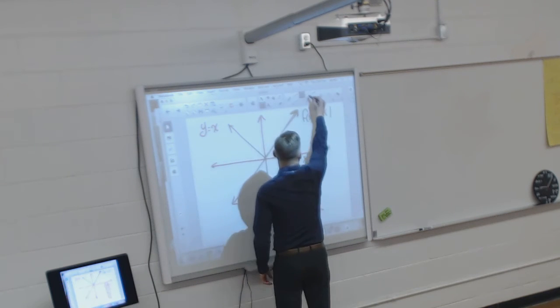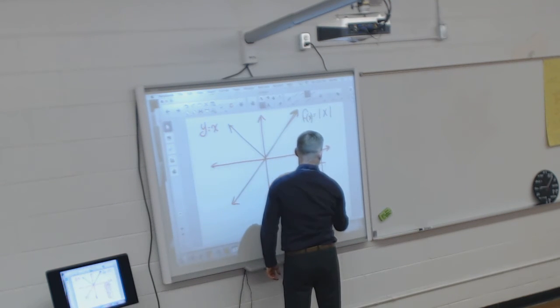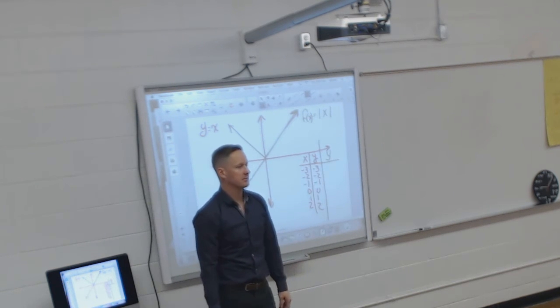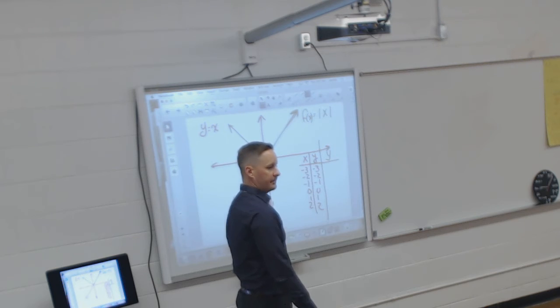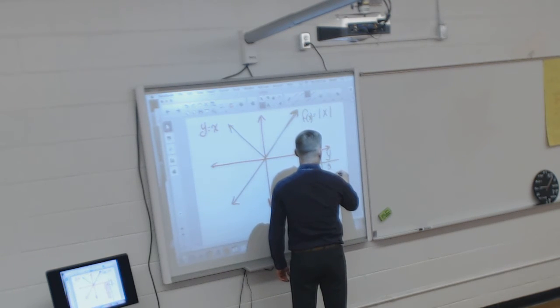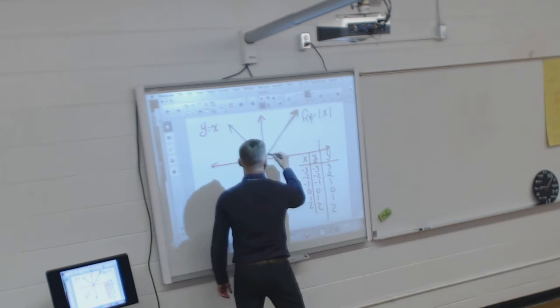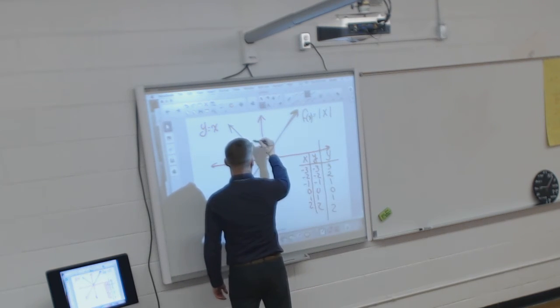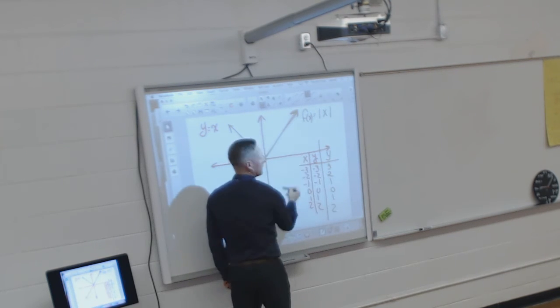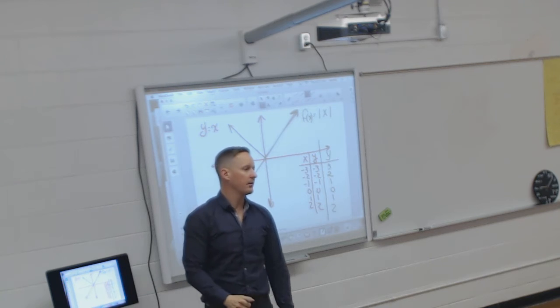So now, for this graph then, my x values stay the same, but what happens to my y values? They're all positive, right? So now it's negative 3 and 3. Negative 2 and 2. 1, 0, 1, 2. That's right here. Right here. Right here. There. There's the absolute value of it.